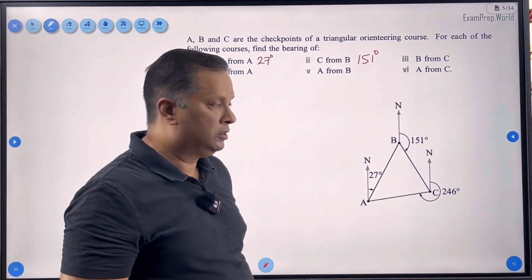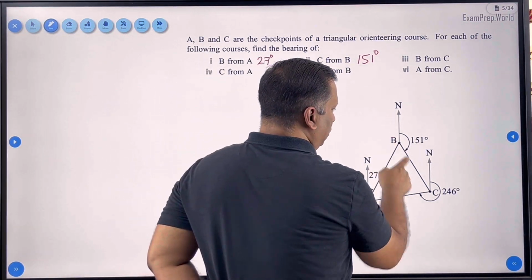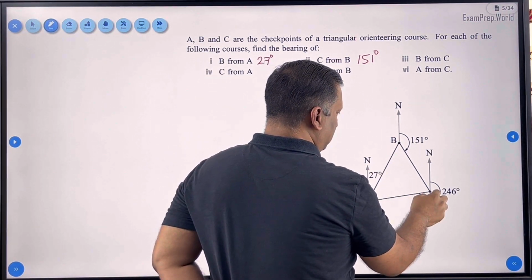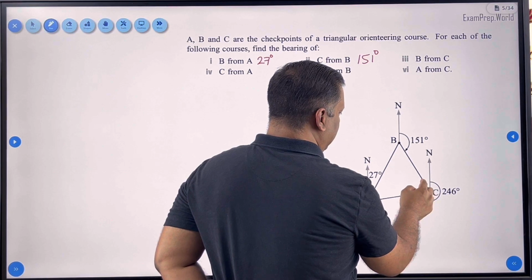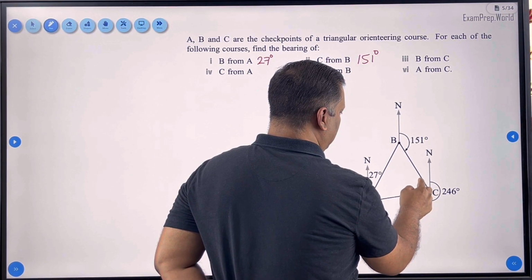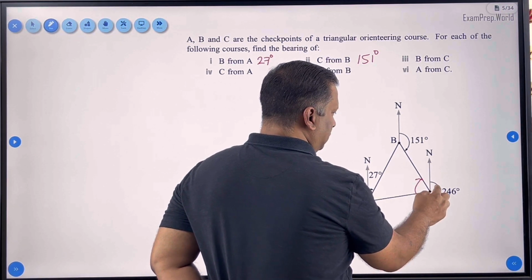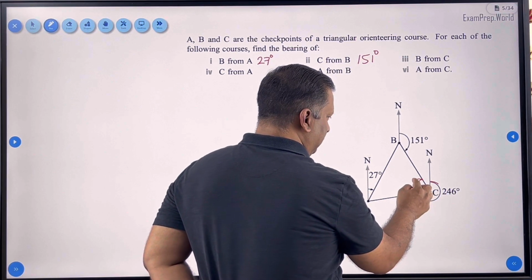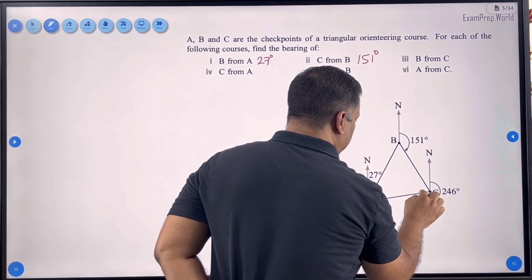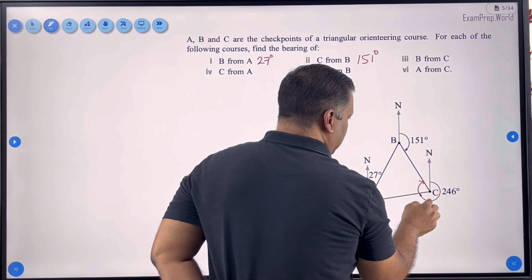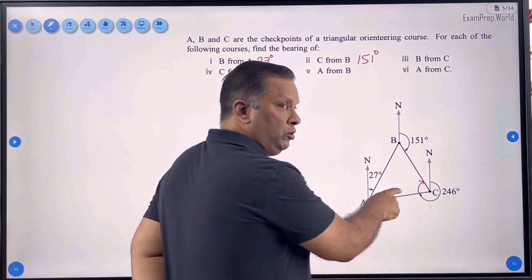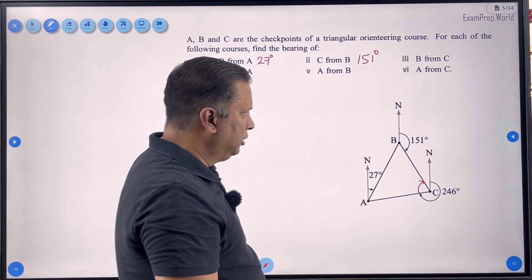B from C. Suppose you have to go to B from C. So we need this angle. Without this angle, we won't be able to do it, because you will have to travel all the way here. I'll draw it like this. All the way here. So this is already 256. If you get to know this angle, our job is done, right?